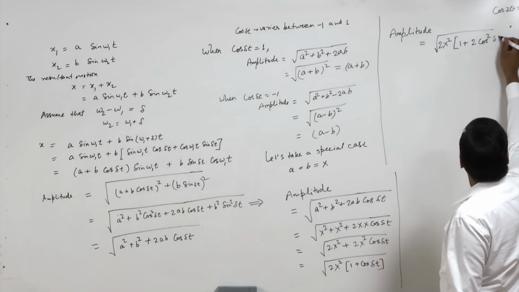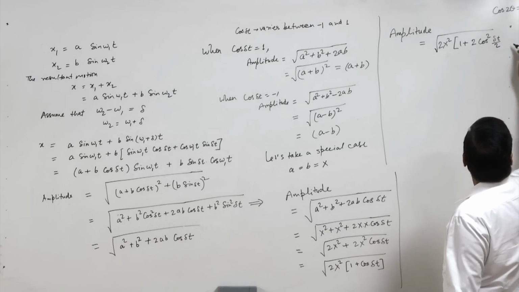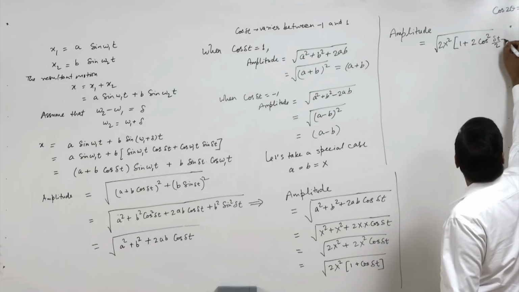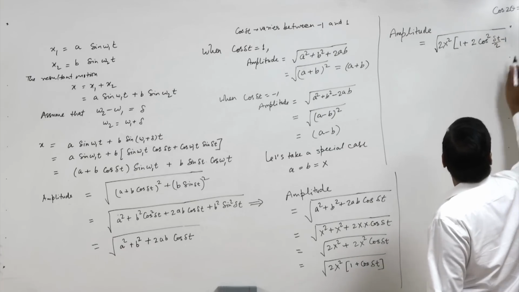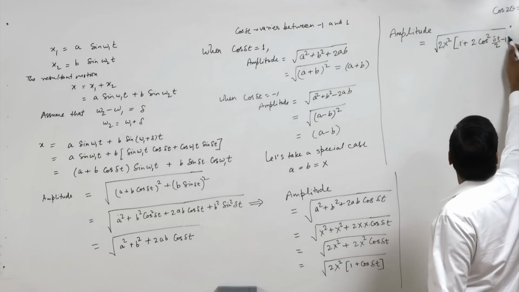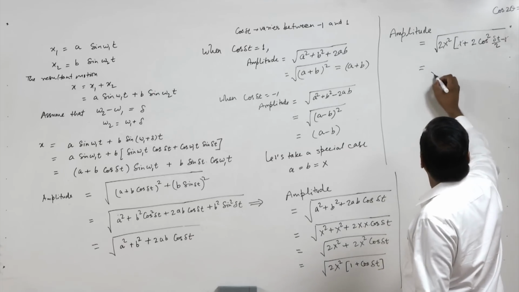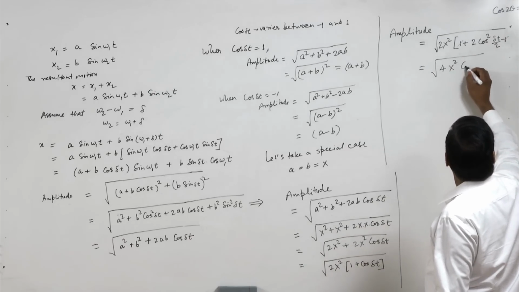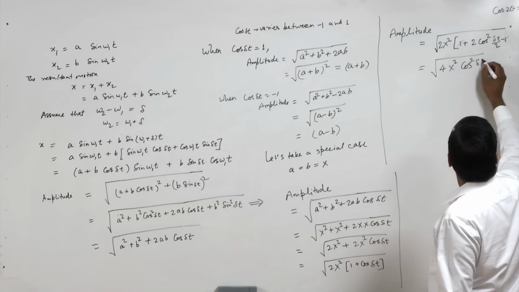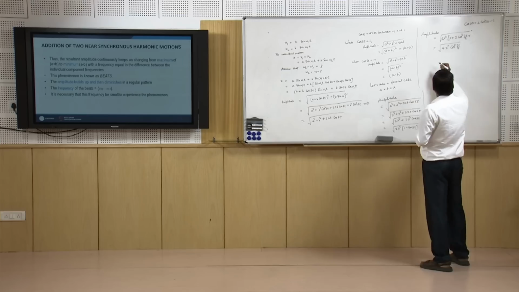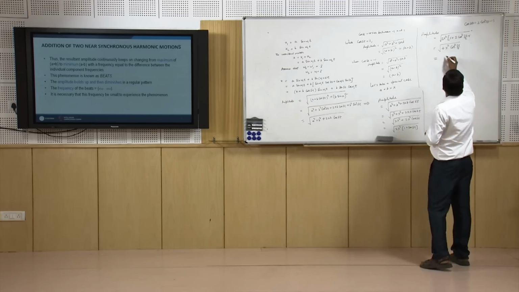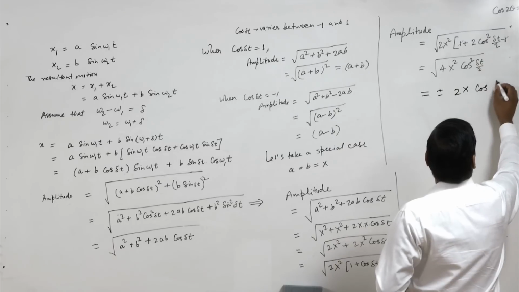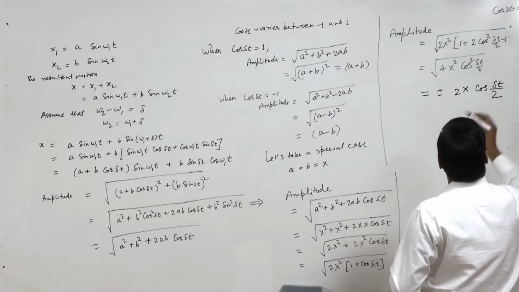So here we can write 2 cos square delta t by 2 minus 1, minus 1. So this 1 and 1 will cancel out, and we will get 4x square cos square delta t by 2. So here we can have this equal to plus minus 2x cos delta t by 2.